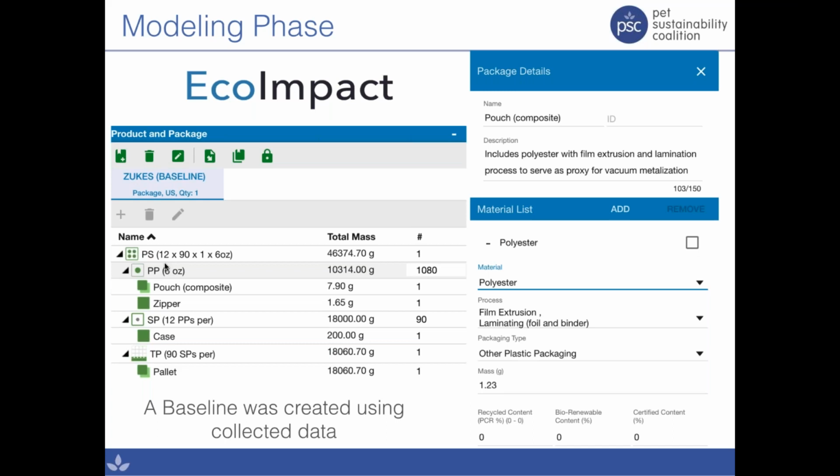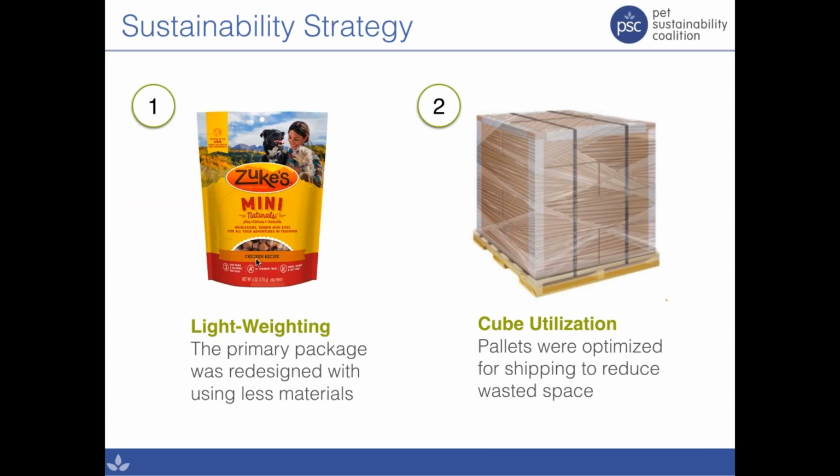And then we also modeled their secondary package, which was their corrugated case. Then we modeled the pallet, which in this case is a GMA expendable pallet. You can also see the number of primary packages was modeled, as well as the number of secondary packages within the pallet. This became important with their sustainability strategy and going forward with cube utilization and everything like that.